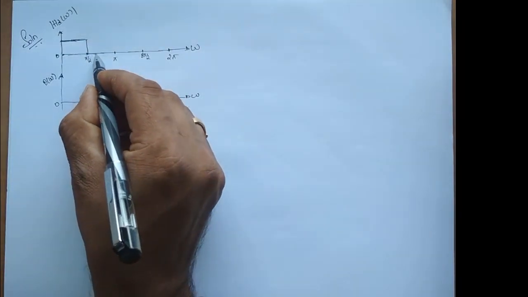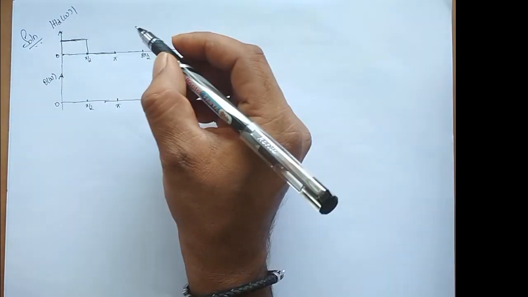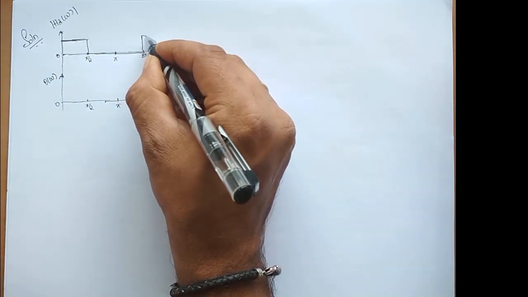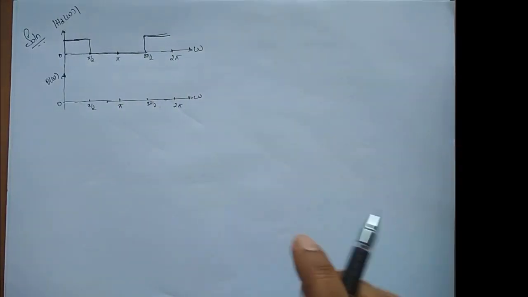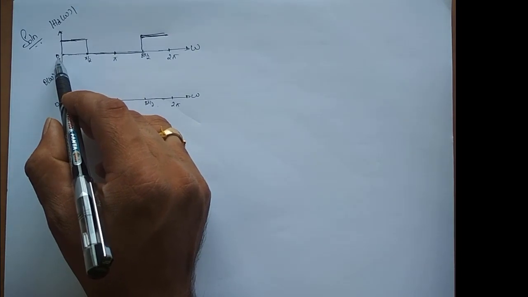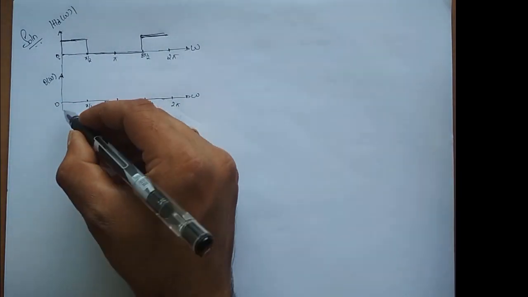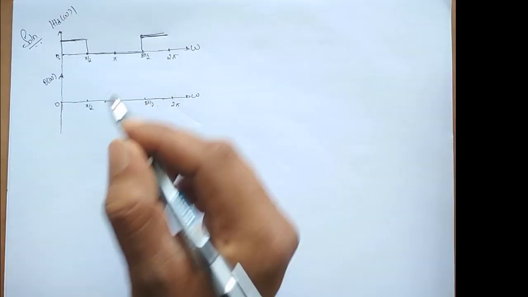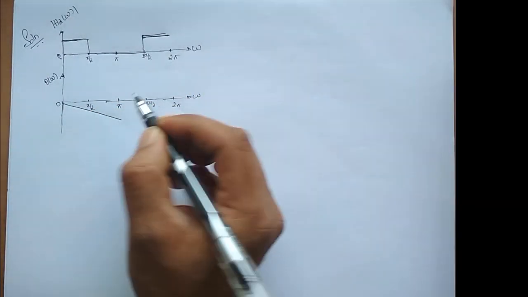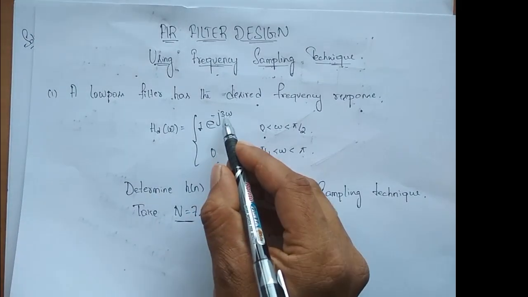So from 0, pi by 2 to pi, and this pattern repeats like this, right? We need to consider one complete period, so that's why we are taking from 0 to 2 pi. Now the phase, it is something like this. It is e power minus j 3 omega.